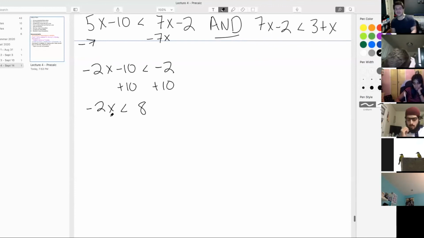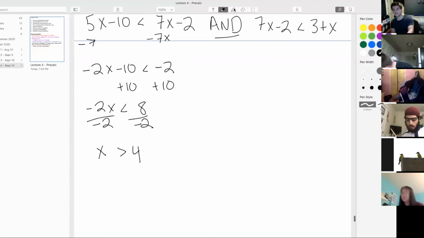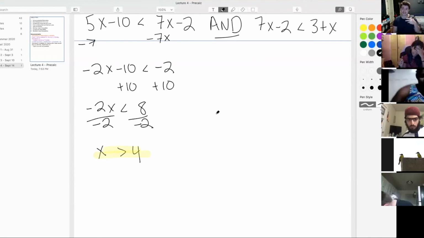Now I need to divide both sides by negative 2, which means I need to flip the inequality sign, so this will be turned into x is greater than 4. I divided both sides by negative 2, so I need to change it from a less than sign to a greater than sign.